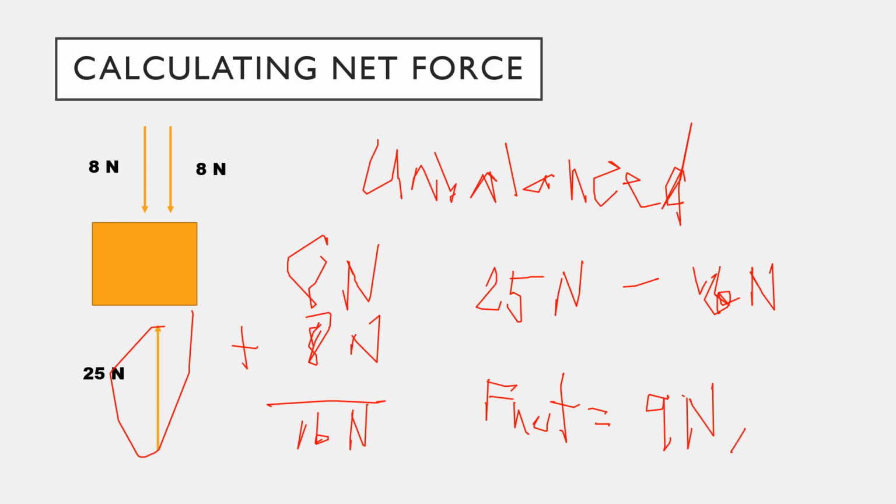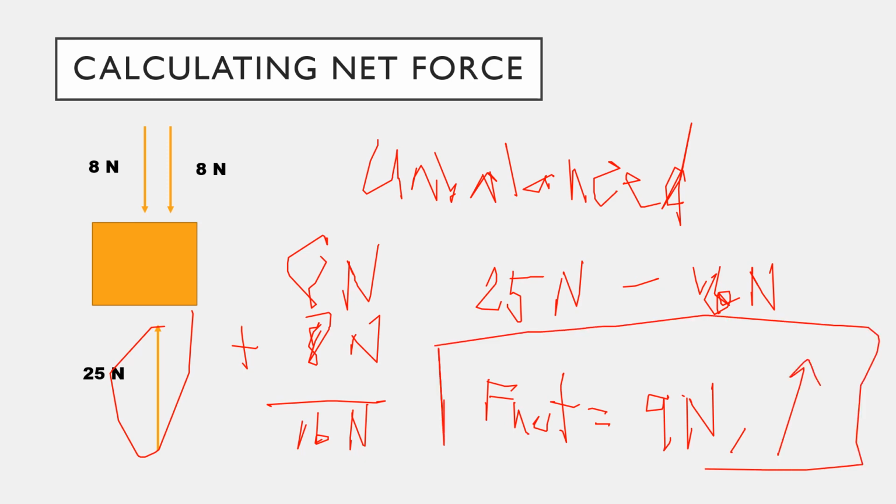And what direction? On the upper part, 8 Newton plus 8 Newton is 16 going downward, and 25 Newton is going upward. Since 25 is bigger than 16, the direction is going upward. So, the final answer is F net is equivalent to 9 Newton going upward.